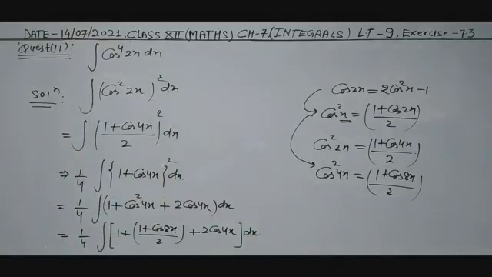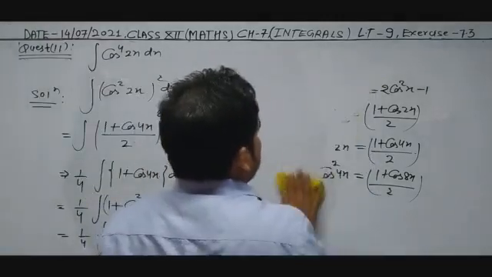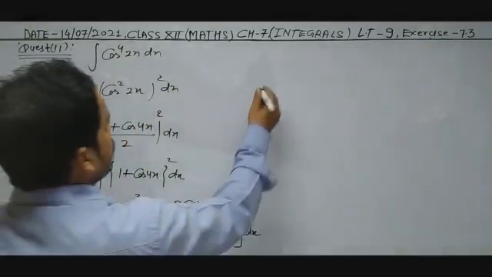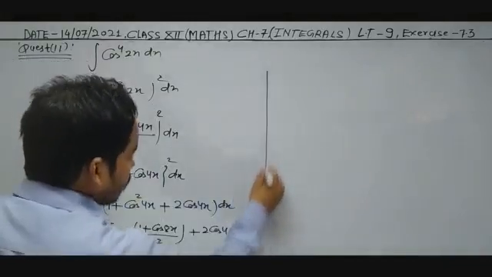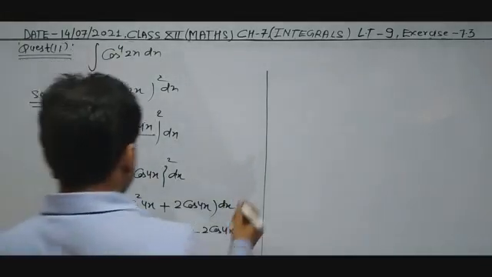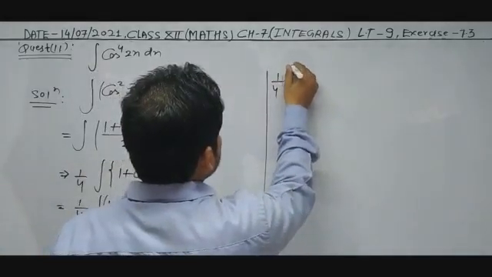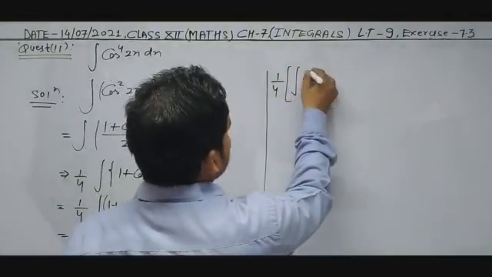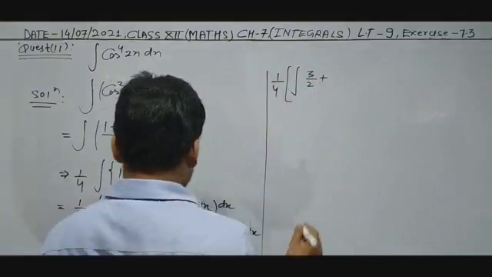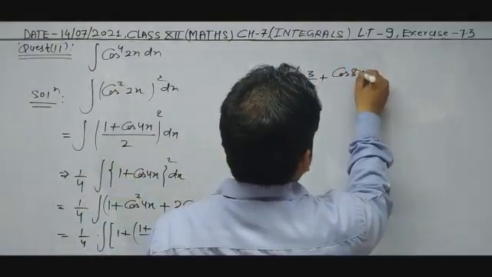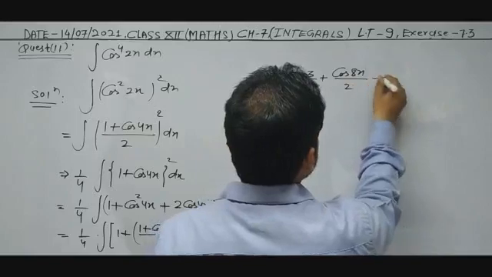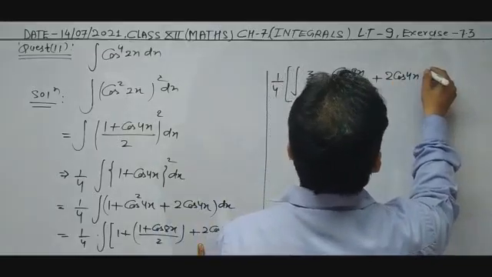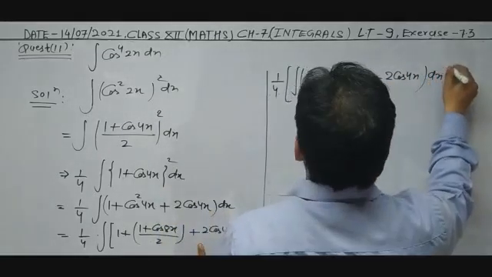Now you can see here, 1 by 4 outside the integration over 1 plus 1 by 2, that is 3 by 2, plus second is cos of 8x by 2, third 2 times cos 4x whole dx.